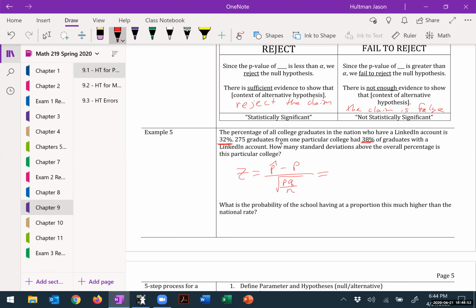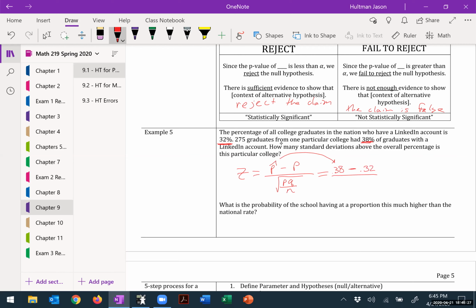So what is p hat? This is the percentage of the sample, which is 38%. What's the percentage of the claim? The claim is that the nation is at 32%. What's the percentage of the population that we're claiming against? 32%.